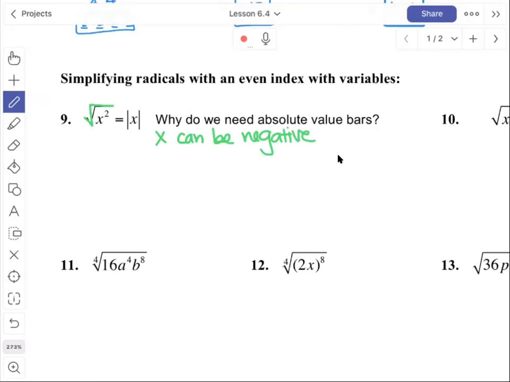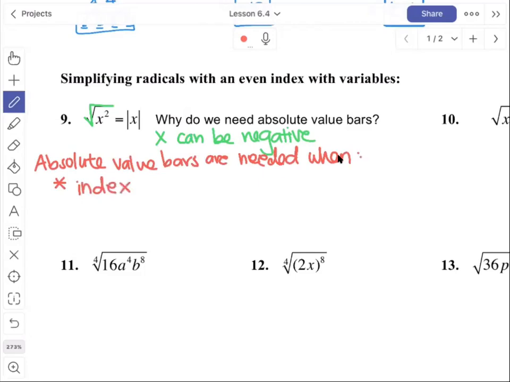Okay, so here are the rules. Let me write this in red. All right, so absolute value bars are needed when, first, the index is even. All right, if the index is even, like in this case the index was 2, so it's even.